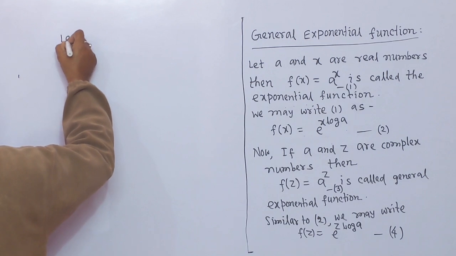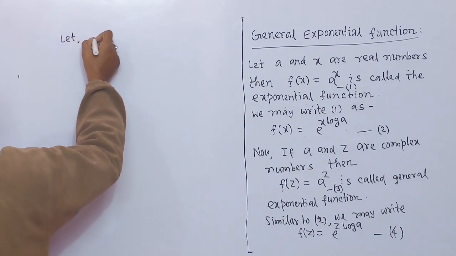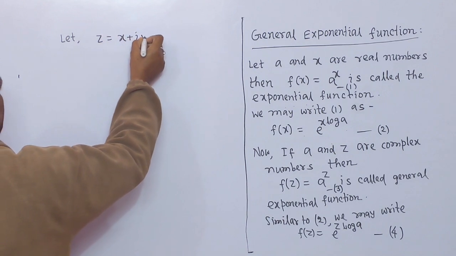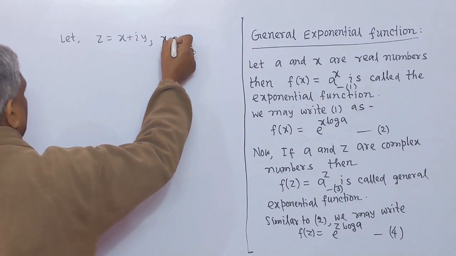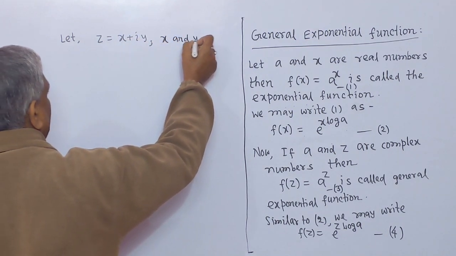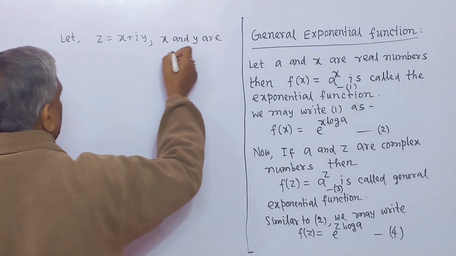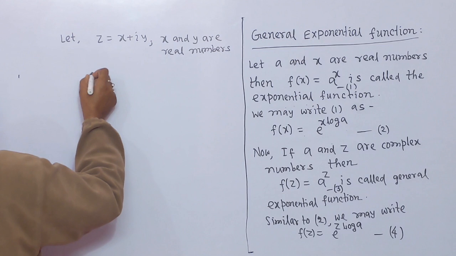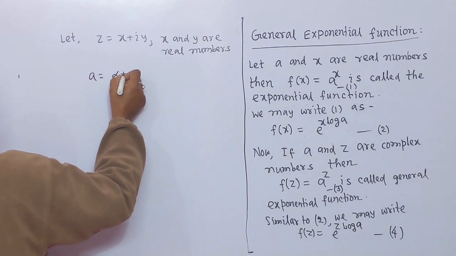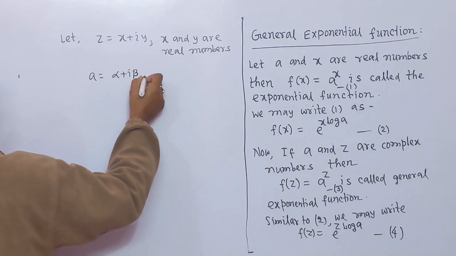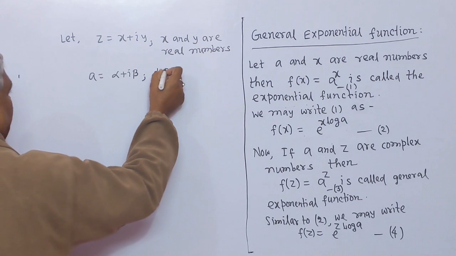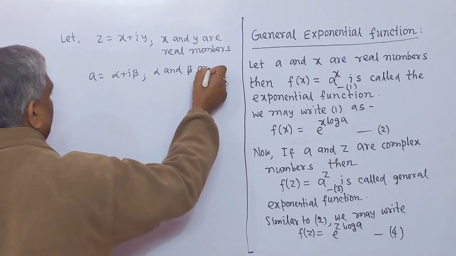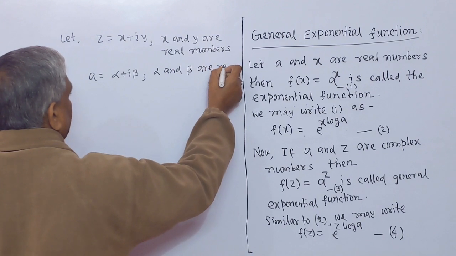Let z = x + iy, where x and y are real numbers, and a = alpha + i beta, where alpha and beta are real numbers.